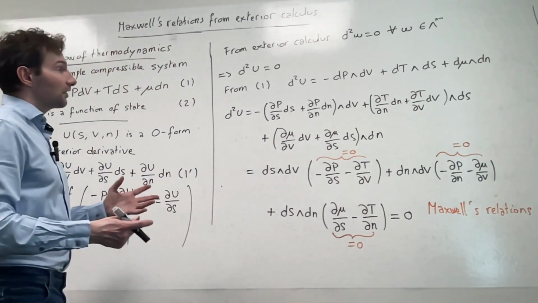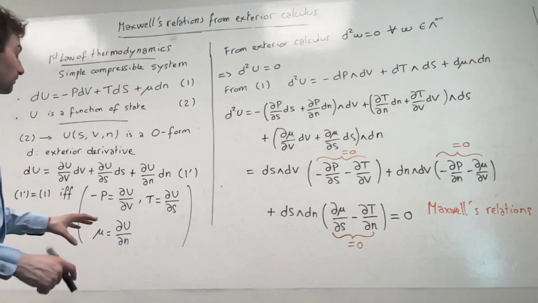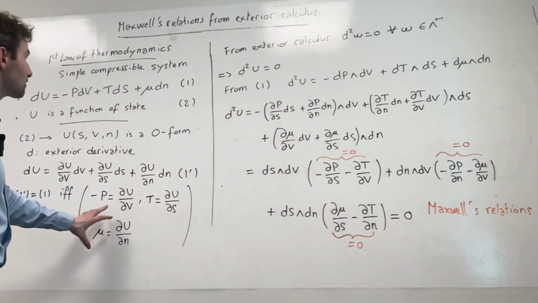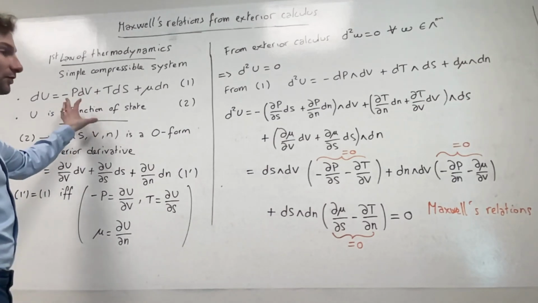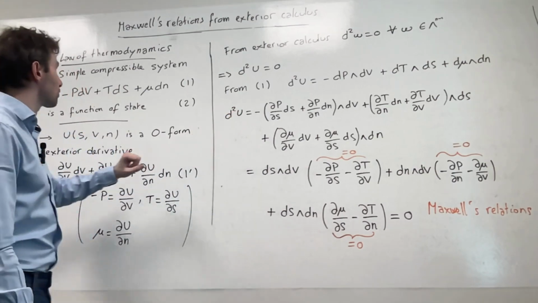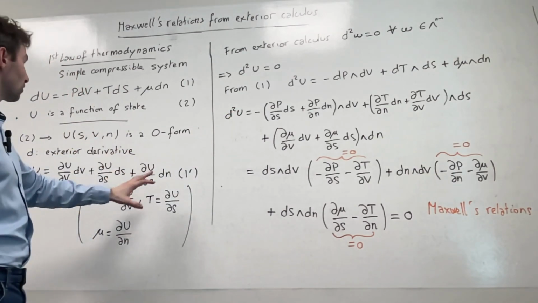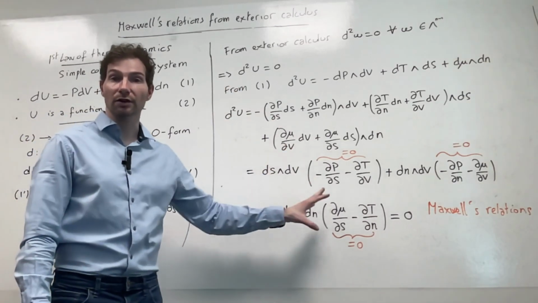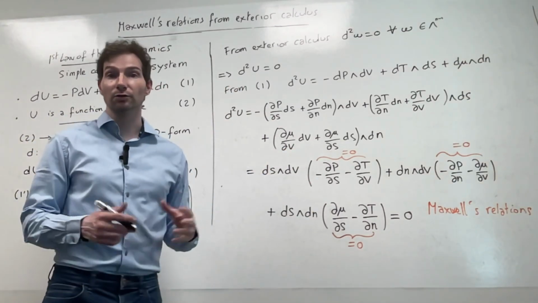That's the spirit of it and how you do it very fast. In fact, this part was almost unnecessary. It was only necessary to convince ourselves that these variables would be functions of S, V, and N. Otherwise, this part could have been skipped, and we could have directly moved onto this, and voila, it would have been done.